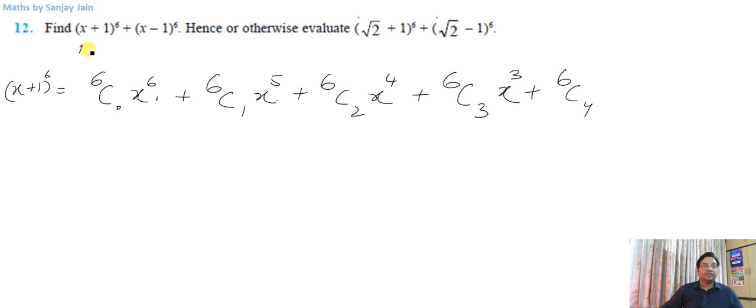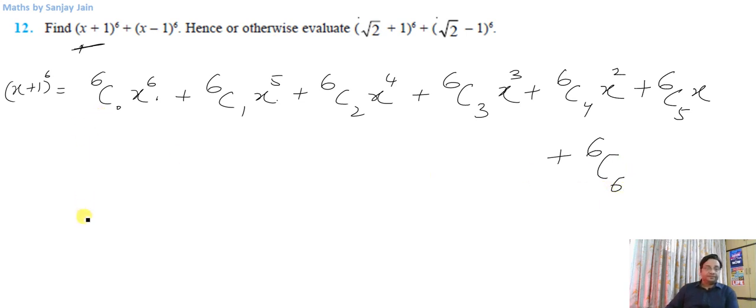There is another way of thinking about this expansion, that 1 plus x raised to power 6. That is also what you can do. That won't make a difference to it. It's just that you will see the coefficients like this. You will see the coefficient 6. Even then you can write these coefficients like this: 6c5 x plus 6c6 x raised to power 0.